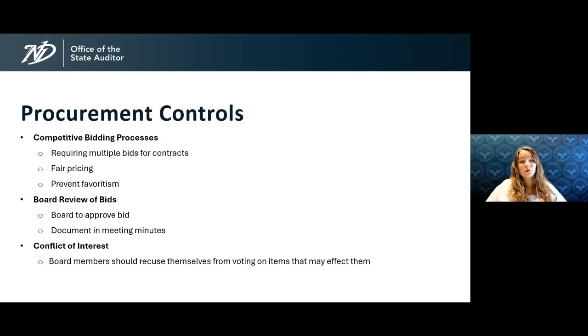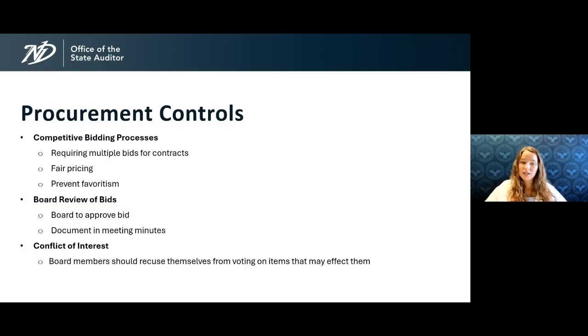And then the board is to approve the bid. You shouldn't be making that decision as the auditor or clerk. You'd want to bring that to your board, have them review the bids, document the process they went through to pick one, and then document that in your meeting minutes.